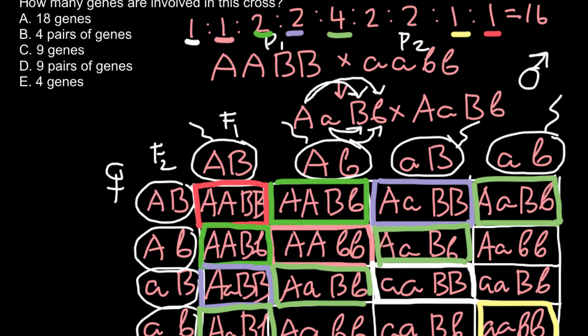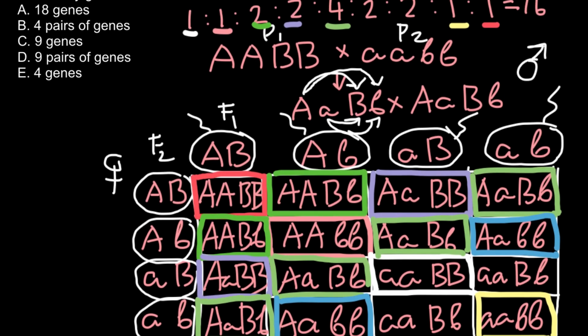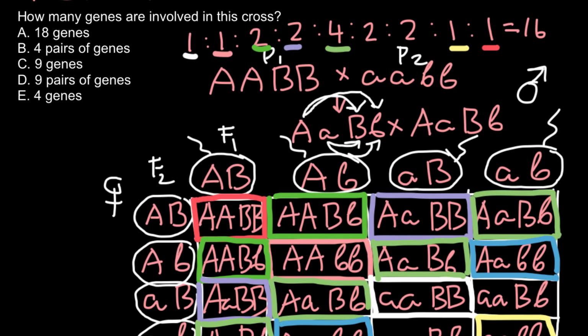Now let's go over this two, and this is going to be the genotype that is next one. So let me choose another color. So this is going to be this one, capital A and small a, small b, small b. And we see this genotype here. So once again, it is repeated twice.